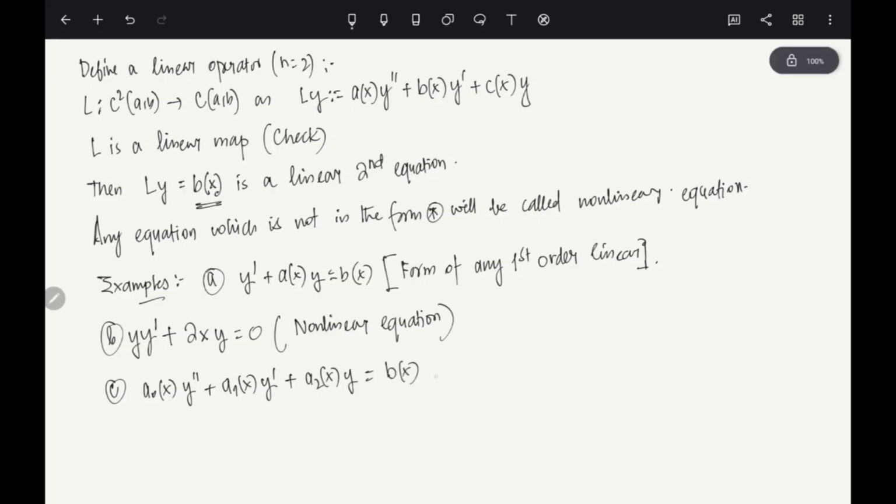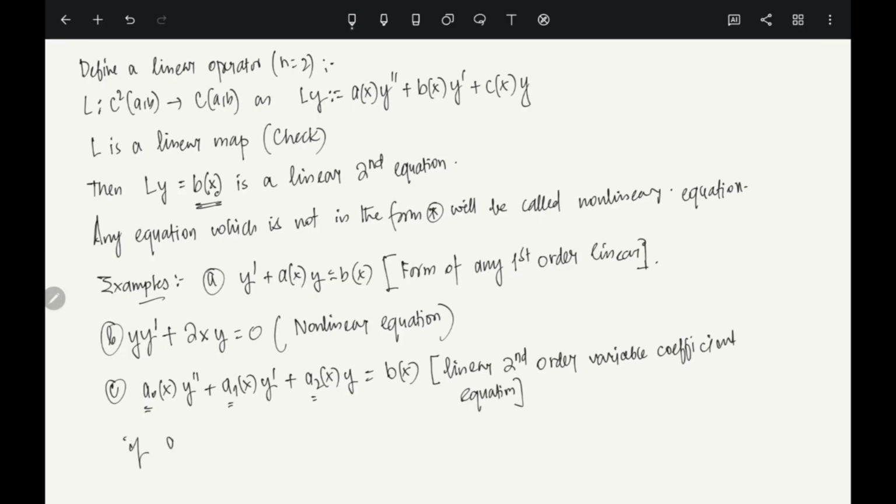Now if we do that, this equation is a linear second order equation, and we call it a variable coefficient equation, because these coefficients depend on x. A linear second order variable coefficient ODE.